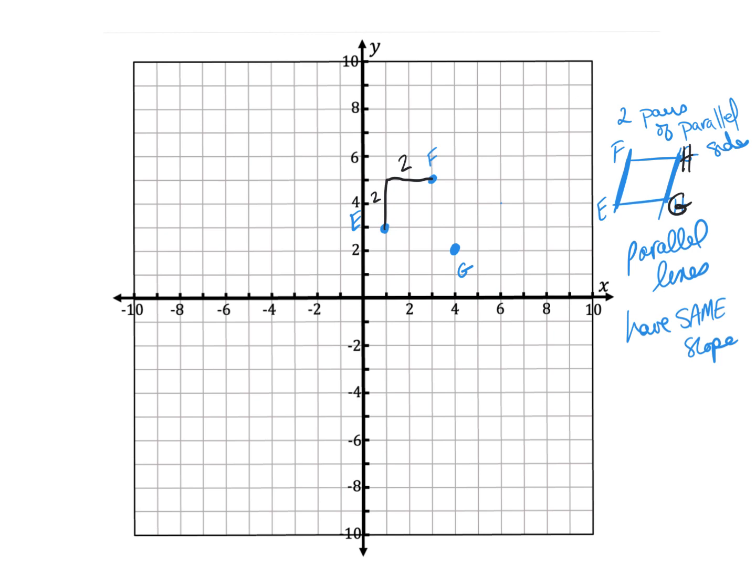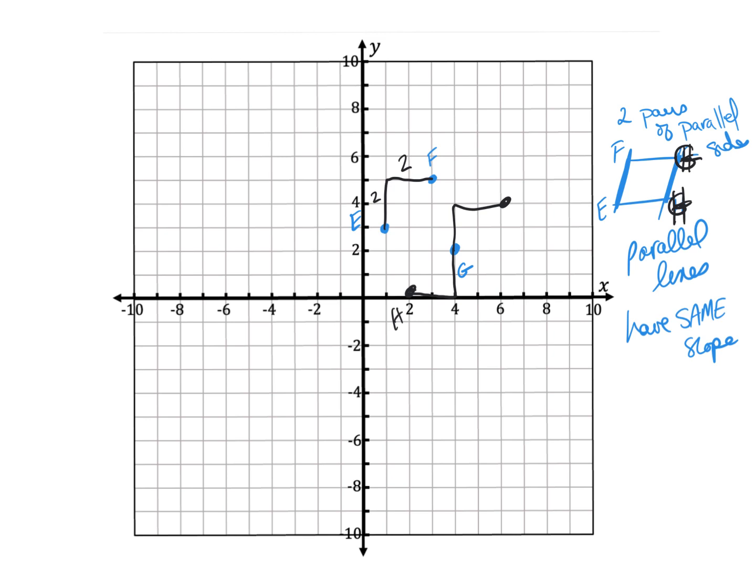Actually, now that I'm thinking about it, that doesn't fit with how we're supposed to label parallelograms, and we have to go clockwise of G and H. So I was envisioning going up 2 and to the right 2 to get H over here, but it also means we could go down 2 and to the left 2 to make H over here.